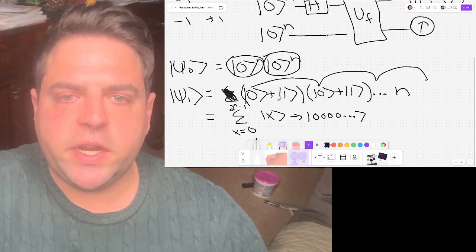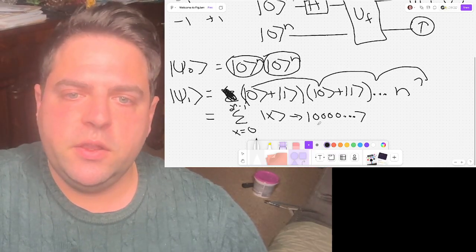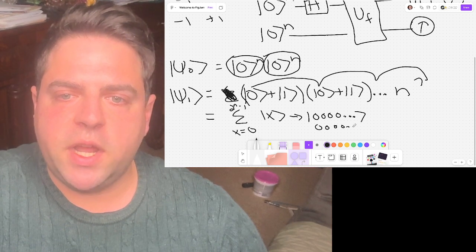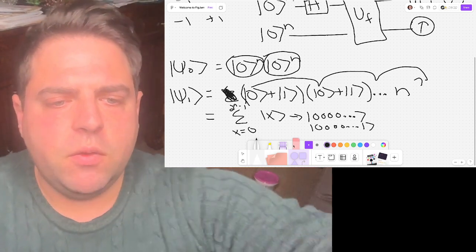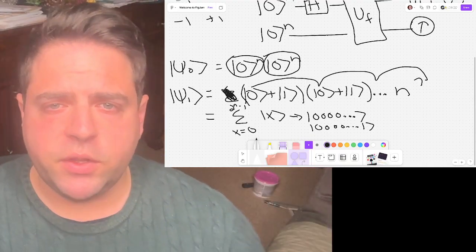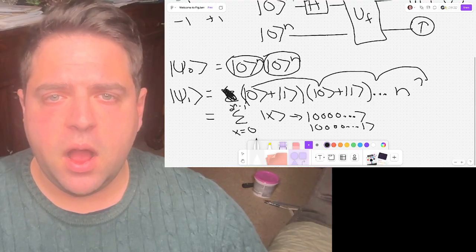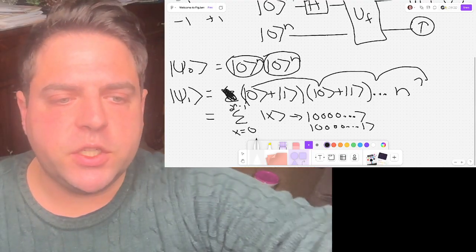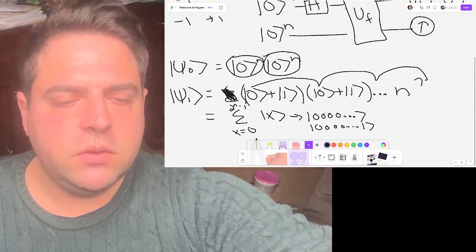Our second term, this times this times this, and the last time maybe we hit the 1 instead. So it's going to be 0, 0, 0, dot, dot, dot, and the nth term will be 1. We're foiling out these terms, and x is a symbol for each one of these foiled out terms. And there's going to be a sum of x's, because that's just the rules of how you foil things. That's all.